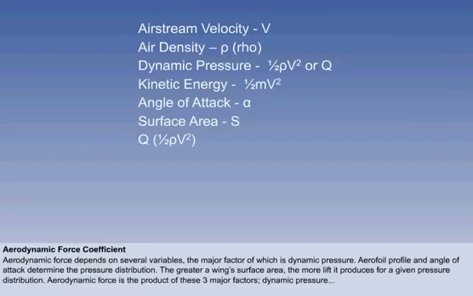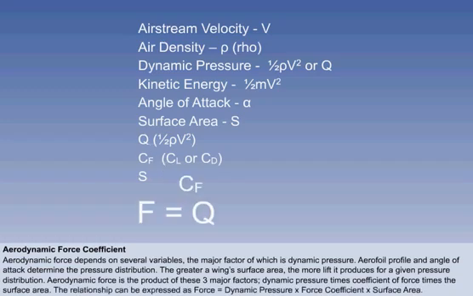Any aerodynamic force can thus be represented as a product of the three major factors, which are the dynamic pressure of the airflow, half rho v squared, or Q, the coefficient of force determined by the relative pressure distribution, that is, the coefficient of lift, CL, or drag, CD, and the surface area of the object.